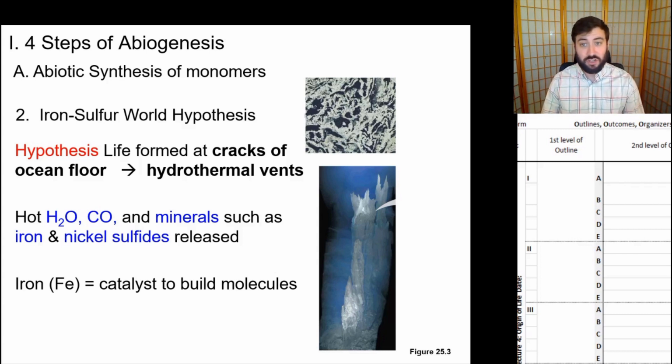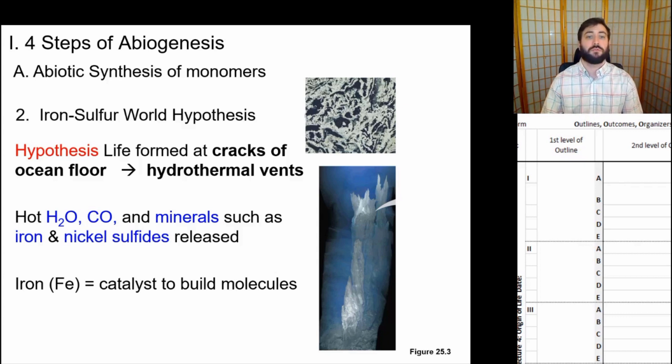And iron is actually a known catalyst for building molecules and facilitating their formation. So it's very plausible that you have the energy source of these hydrothermal vents helping fuel these chemical reactions, and you have iron facilitating those chemical reactions, those initial building.